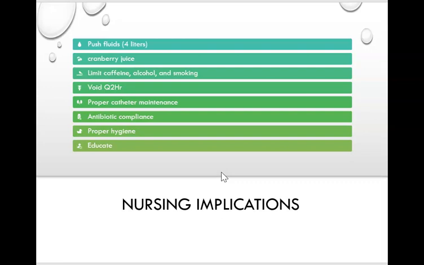Pyelonephritis is an inflammation of the renal pelvis and the parenchyma, and that is affecting the kidney tissue. Acute cases result from infectious diseases in the bladder traveling up to the kidneys from the lower urinary tract.